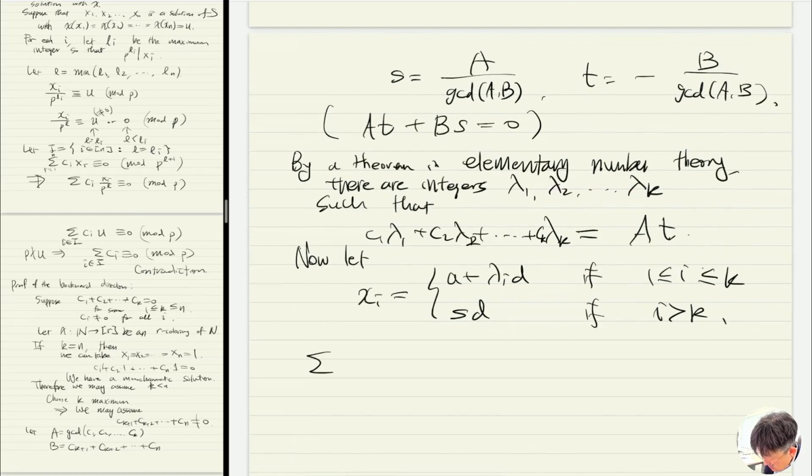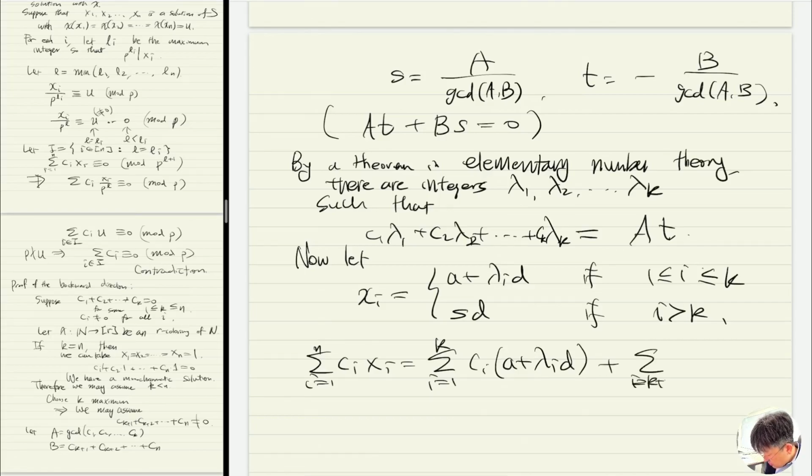Now let's look at the ci xi. What is that? Well, from 1 up to k, it's going to be ci a plus lambda i d. From k plus 1 to n, it's going to be s times ci s times d.